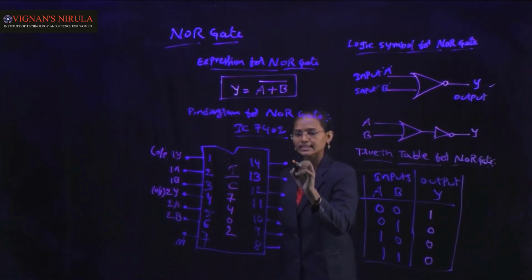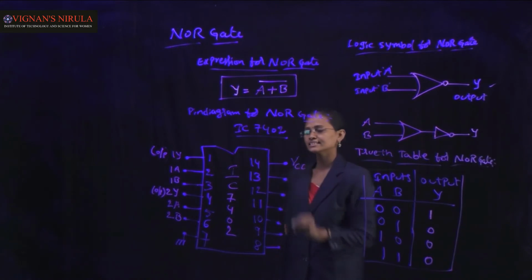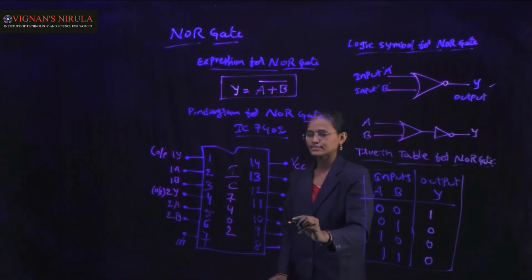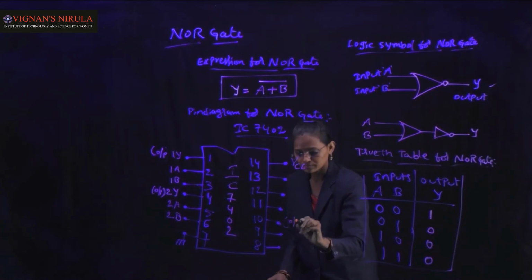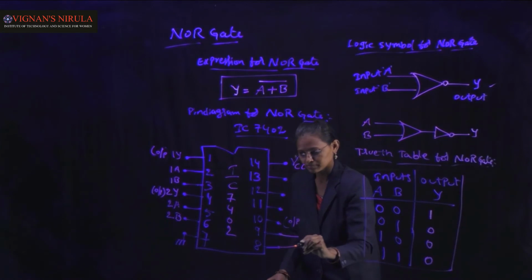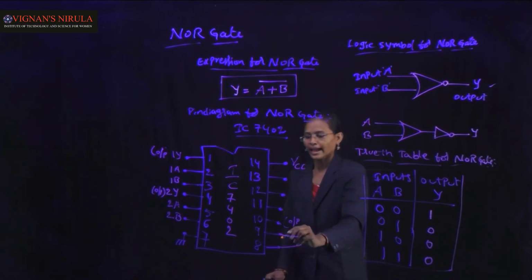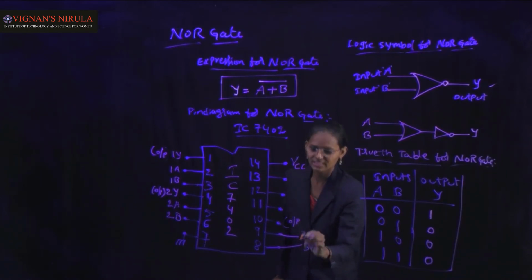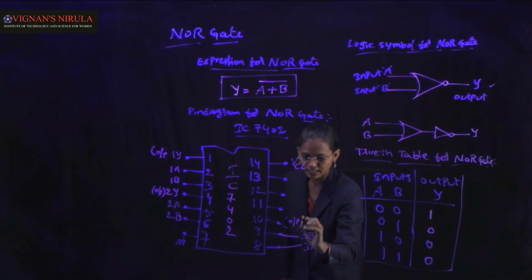Okay, and next 14th pin is connected to the power supply, that is VCC, and next 10th pin is connected to the output. 8th pin is 3A, 9th pin is 3B. These are the inputs, and output is 3Y.